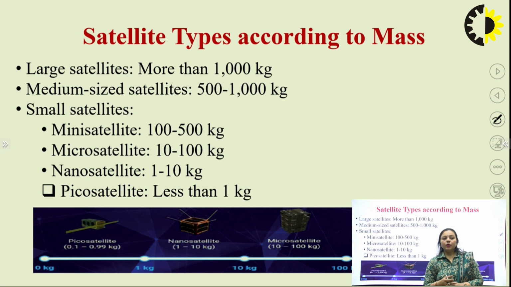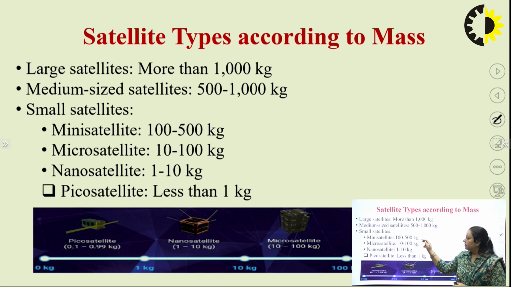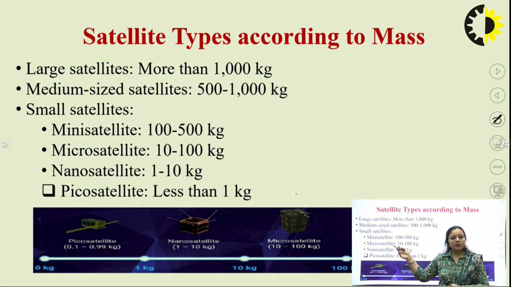Satellites which weigh more than 1000 kg come under the category of large satellites. If the weight is around 500 to 1000 kg, then they are medium sized satellites. Small satellites are further categorized into mini satellites, micro satellites, nano satellites and pico satellites. Mini satellites are 100 to 500 kg.